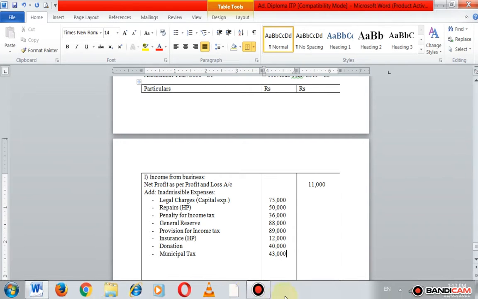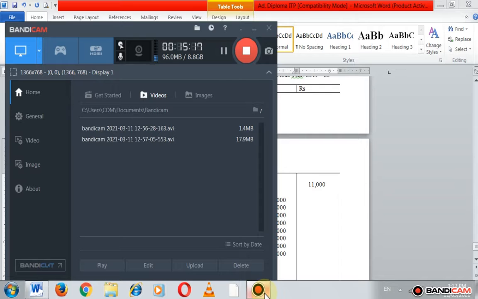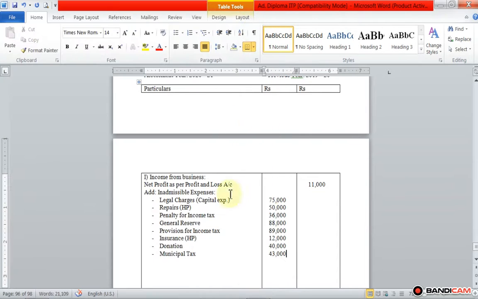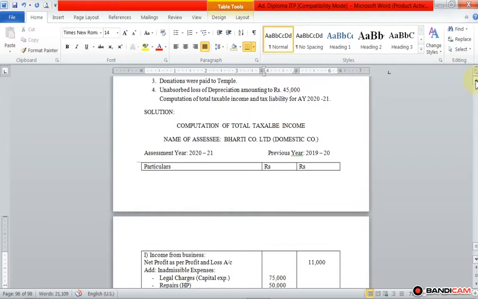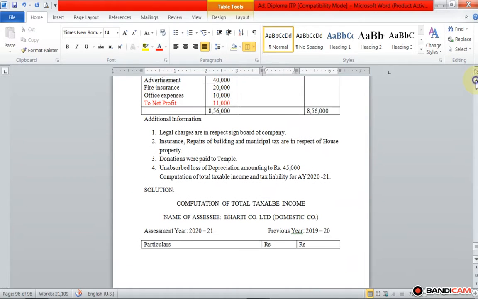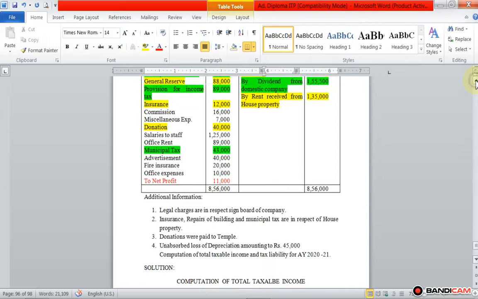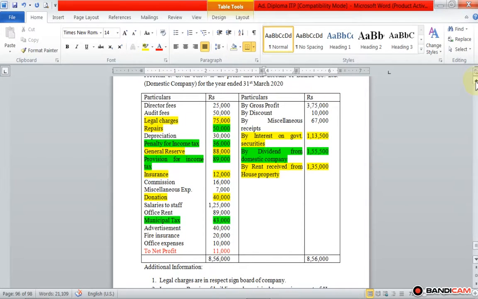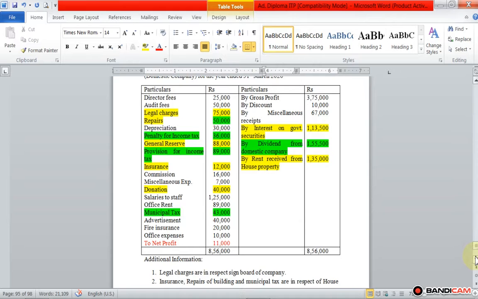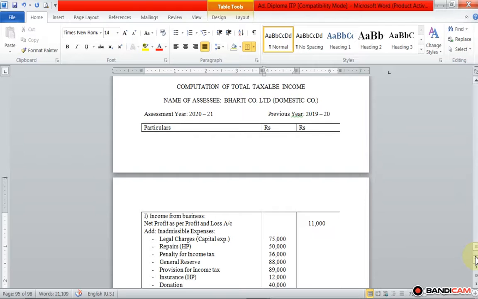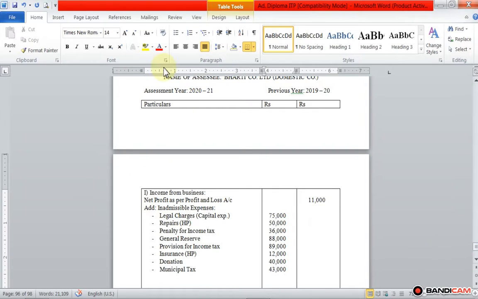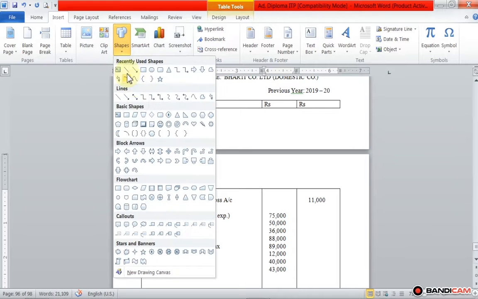Then another disallowed expenditure. So here we have taken into consideration all disallowed expenses. Make the total of the inner column of all disallowed expenses, put the figure in the outer column, and add the disallowed expenses total to the net profit.